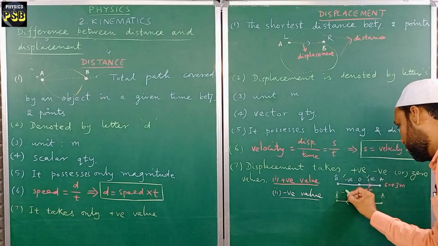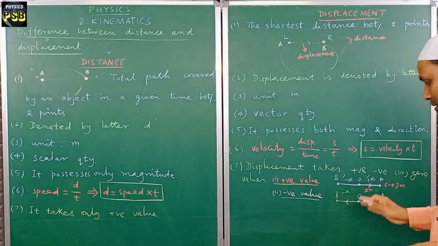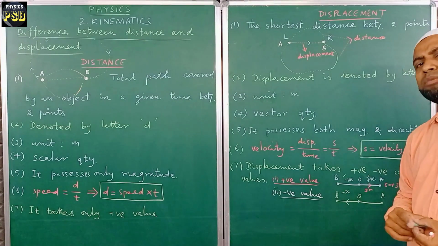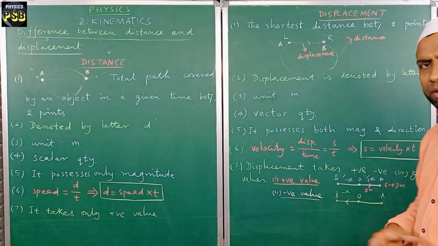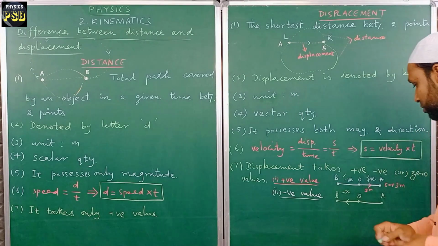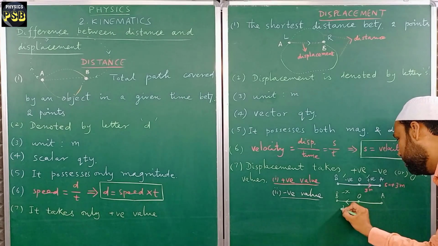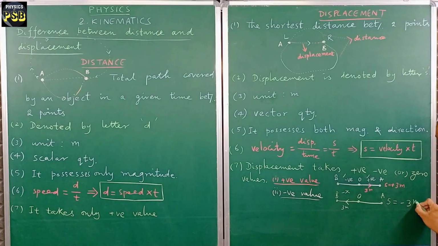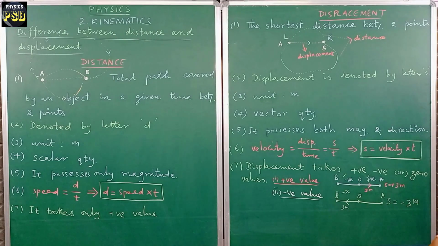It moves towards negative x axis. Now if you have the knowledge of a coordinate system, this thing will be clear to you. Inshallah, if possible, I will make one video on a coordinate system. Already we have covered it at the beginning of this chapter. If you want to collect more information, kindly go through it. Here, the distance between O and B is 3 meter. Then displacement here will be minus 3 meter. Here, minus sign represents the direction in which the object is traveling.